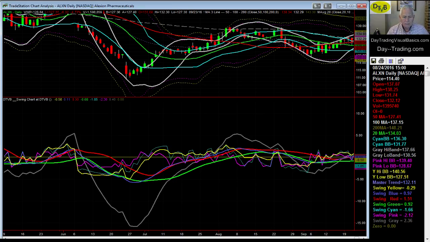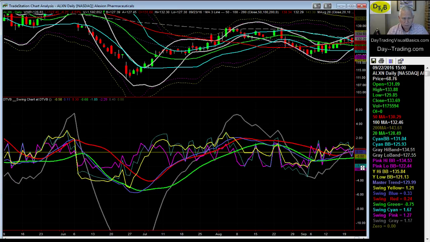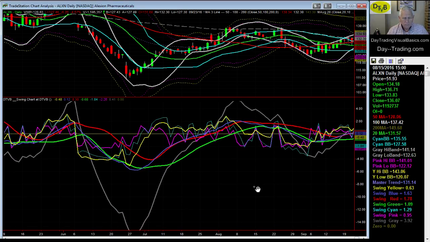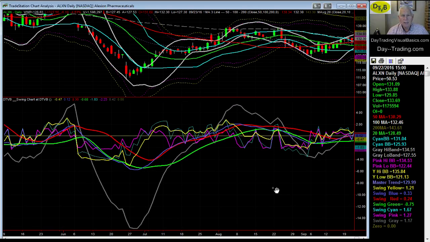And while I'm on here, I want to make you aware of a couple of key things. I'm going to expand this just a little. When you think of divergence, the swing gray is an excellent indicator for this, and it has to do with a TOC and a BOC.